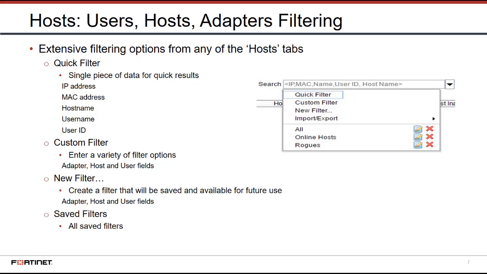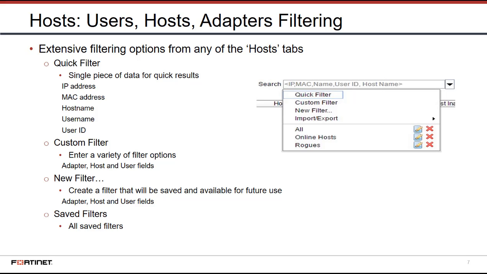Now, a custom filter allows us to get extremely granular, and we're going to take a look at the details of that custom filter creation. But that allows us to build a filter keying upon any attribute of user, host, adapter, application. And we can also save custom filters if we choose to after they've been created.